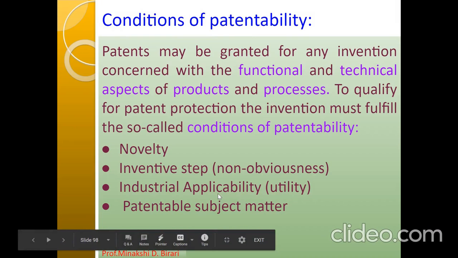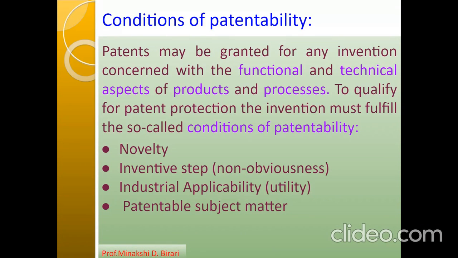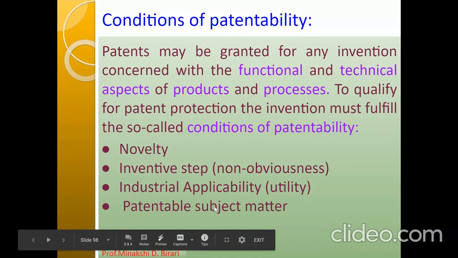Industrial applicability or utility. The invention must be useful and have some form of practical application. It should be capable of being made and used in industry. And last one, that is patentable subject matter. It should have patentable subject matter. So these are the 4 important conditions of patentability.